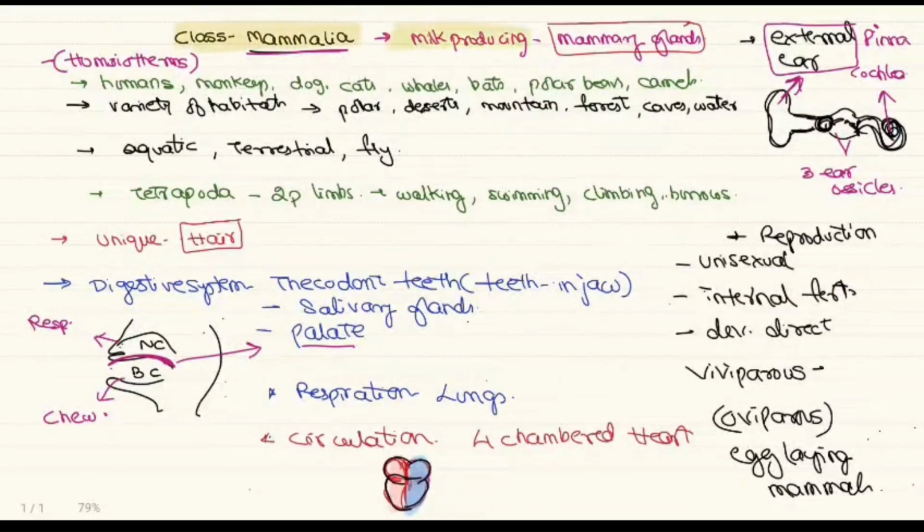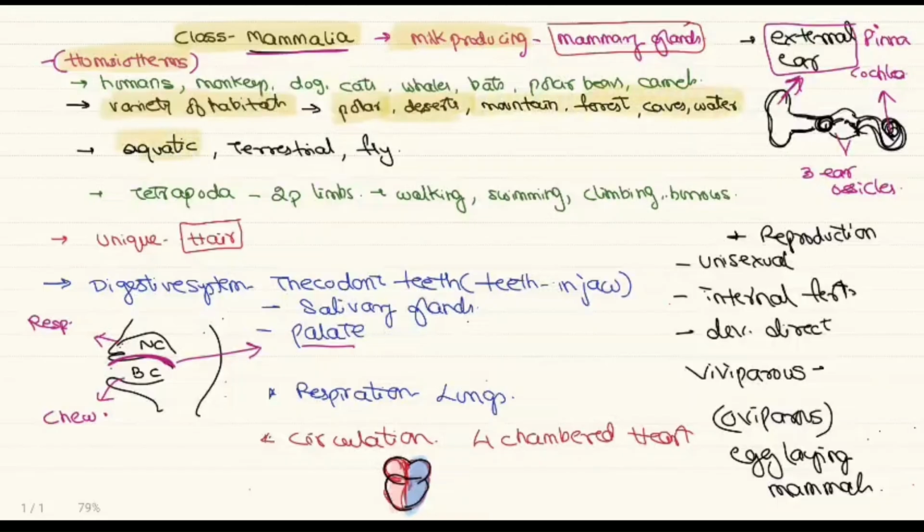Let's quickly revise it. Class Mammalia, the word comes from the milk-producing glands or the mammary glands. All are homeotherms, they can maintain constant body temperature. The animals are humans, monkeys, dogs, cats, whales, tigers, lions. We can see them in a variety of habitats, starting from the coldest parts like the polar regions to the hottest regions like deserts.